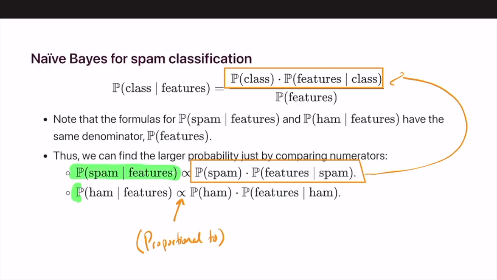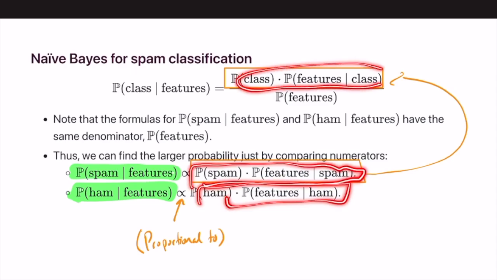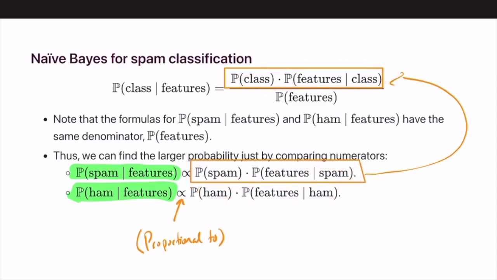So we just need to deal with the numerator, which will require us to calculate each of these separately, and each of these is essentially this. Then the numerator that's higher is the one that we will predict for this class.